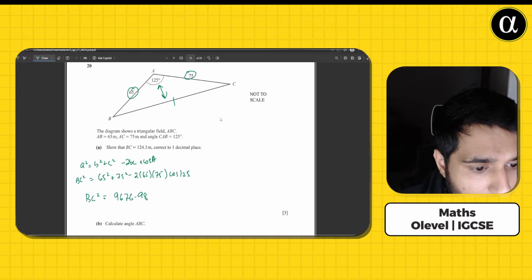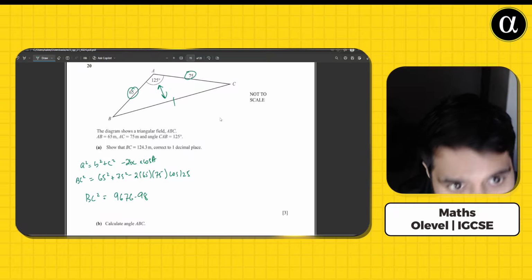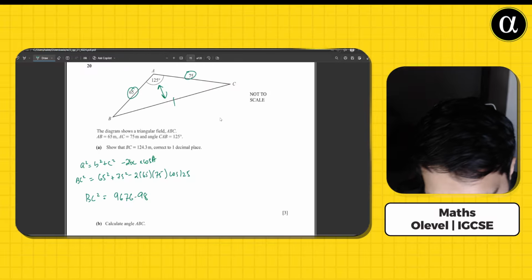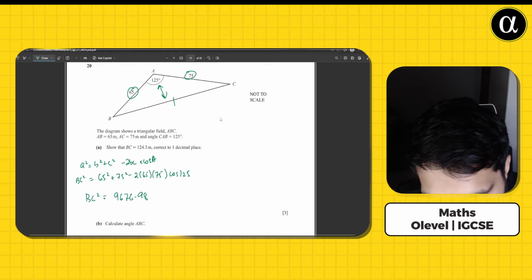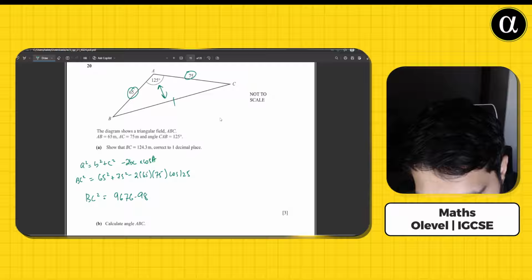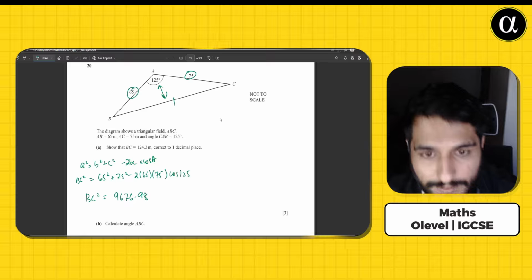So it's going to be 65 square plus 75 square minus 2 into 65 into 75 into cos of 125, and the answer is, yep, now we have it.